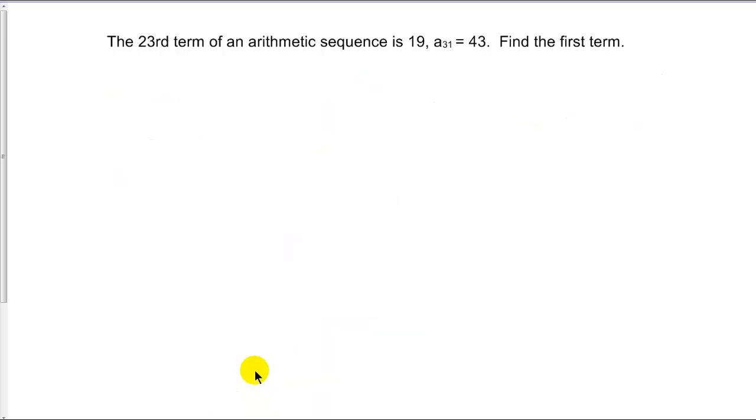Now, as I said before, there's another way to do this problem. Again, I knew that my 23rd term was equivalent to 19, and my 31st term was equal to 43. Now, regardless of where these terms are in the line of the sequence, I know there's a specific number of terms between my 23rd term and my 31st term. So I could pretend that this was my first term.